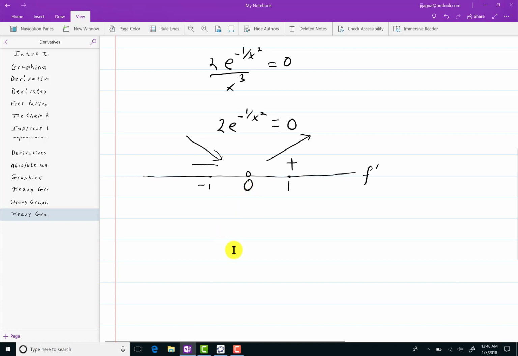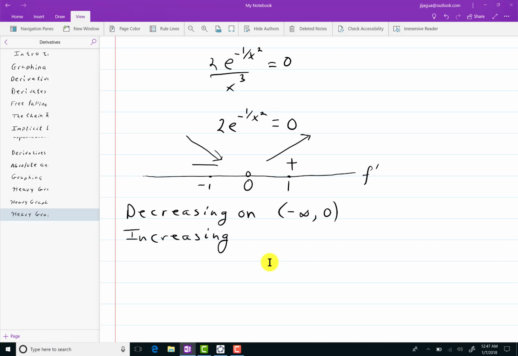So I don't have a local minimum, but I do know that I am decreasing on negative infinity to 0, and I'm increasing on 0 to infinity. So as far as I can tell, no local extrema.